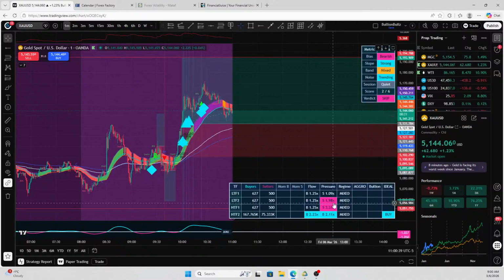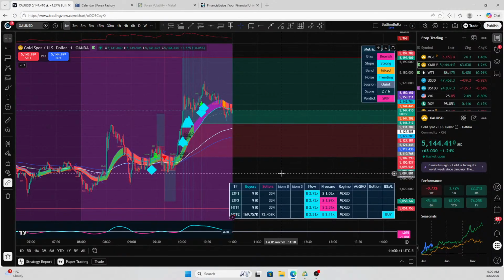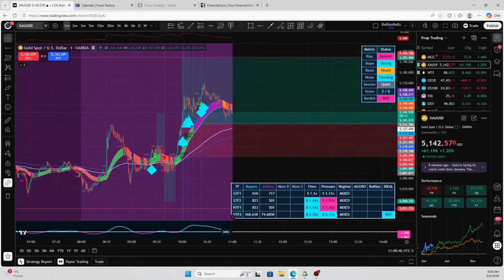Okay, 30 minutes is about to. If 30 minutes switches bullish, then that would be a big thing. But if the pressure goes below 2, I think we're just going to close it for the day.